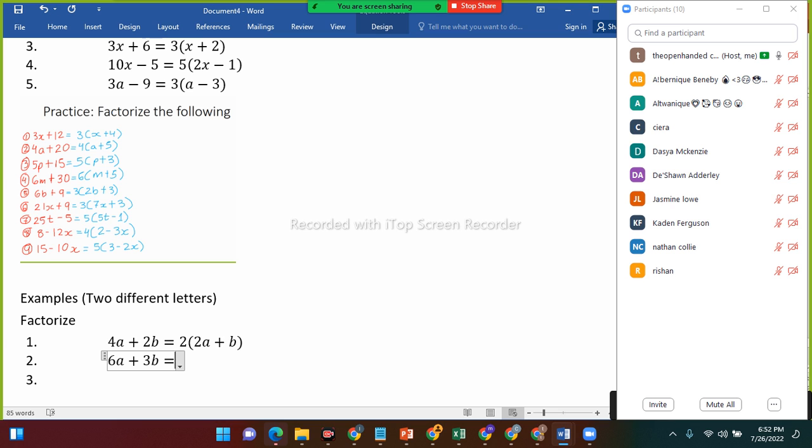Sierra, how would we do this? 6a plus 3b. Okay, so we can put 3 outside the bracket. Very good. And inside the bracket, 2a plus b. Very good. Excellent.